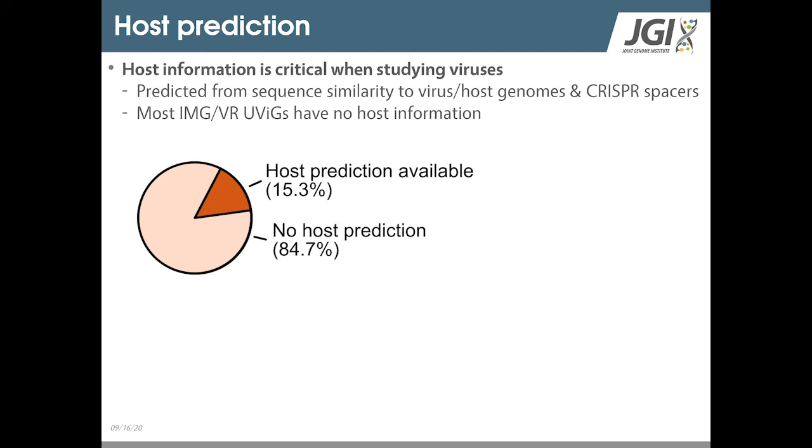The more detailed response is we do get predictions that we can trust mostly, but these predictions are only about a minority of our virus sequences. And in this case, in IMG/VR v3, it's only 15% of our viruses. And that's because we mostly lack the relevant host genomes.